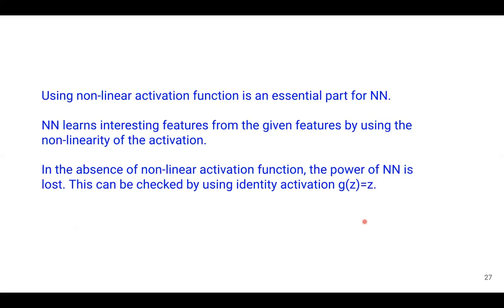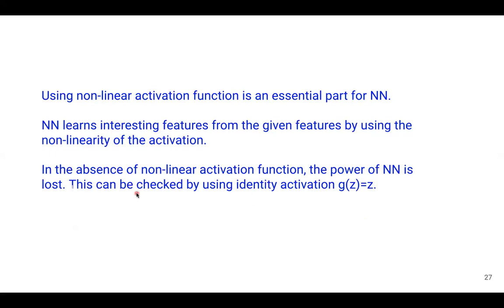Now, using a nonlinear activation function is a very essential part of a neural network, and basically a neural network is able to learn interesting features from the input x, and that happens using the nonlinearity of the activation. And this you can easily check by removing the nonlinear activation functions.